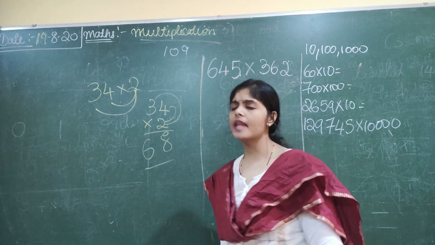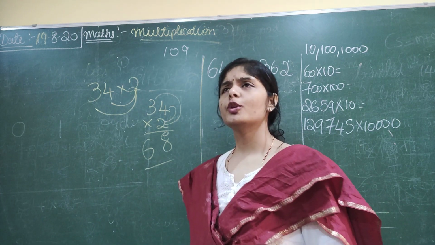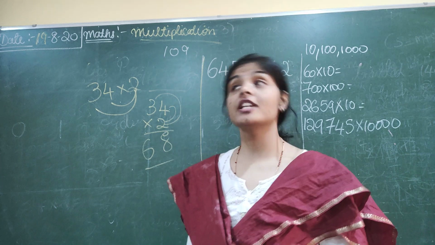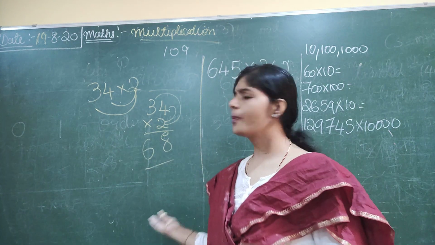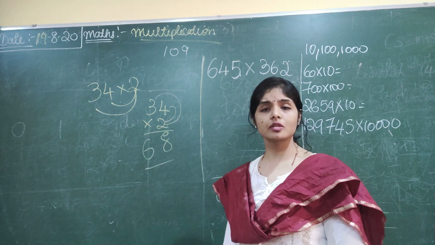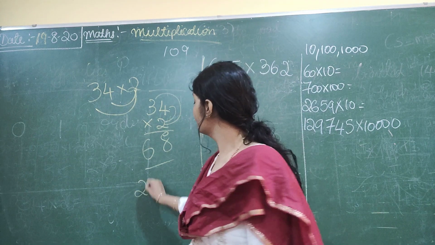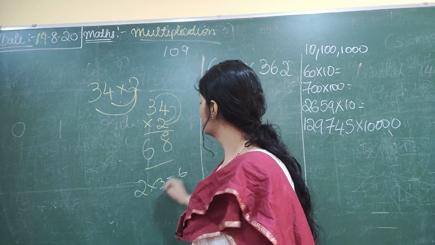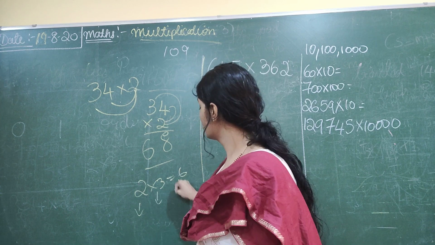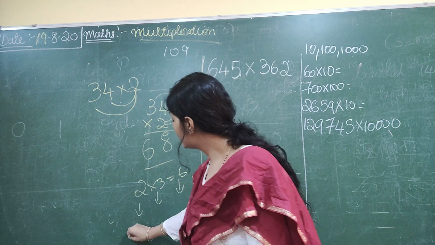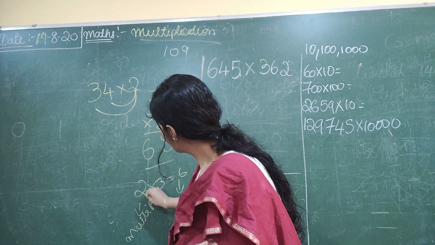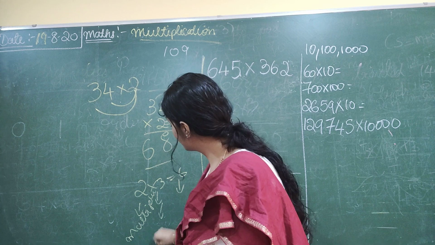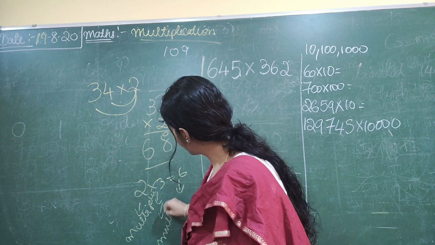Got it, children? Now, you may imagine, in addition we had one name, in subtraction we had one name, then obviously for multiplication also there will be names, no? Now you have 2 3s are 6. What is this name, what is this name and what is this name? This is called a multiplicand. This is called a multiplier.